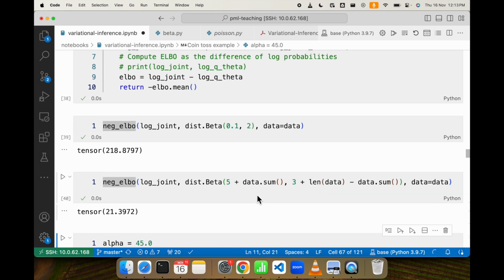Okay, what can you observe from cells 39 and 40 and conclude? The negative ELBO method takes a log joint function, and then the next argument is the proposal, the target, the surrogate, or the variational distribution. Which of them is a better target distribution?